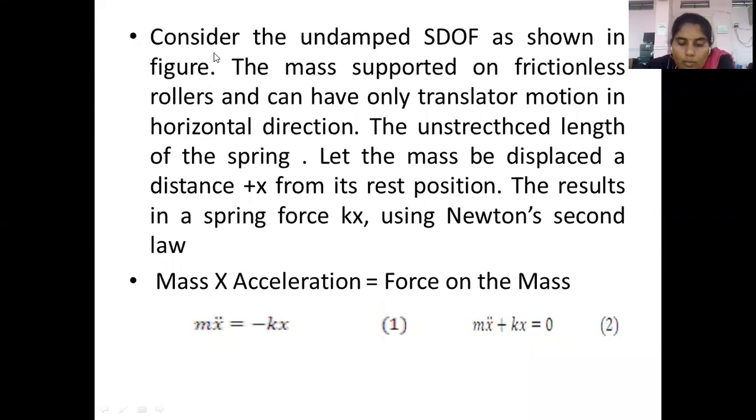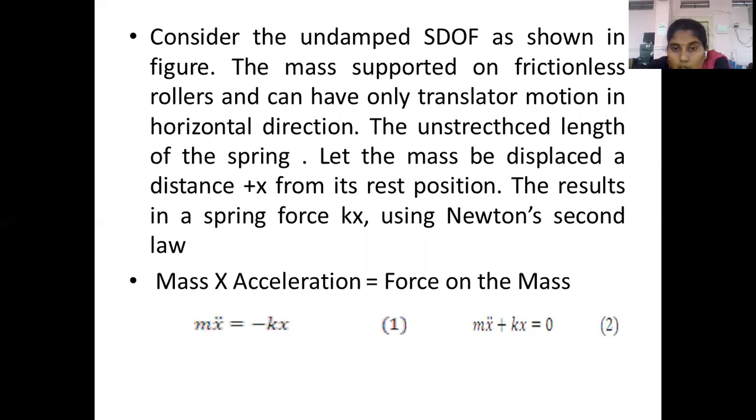Below the diagram you write down: consider the undamped SDOF system shown in the figure.